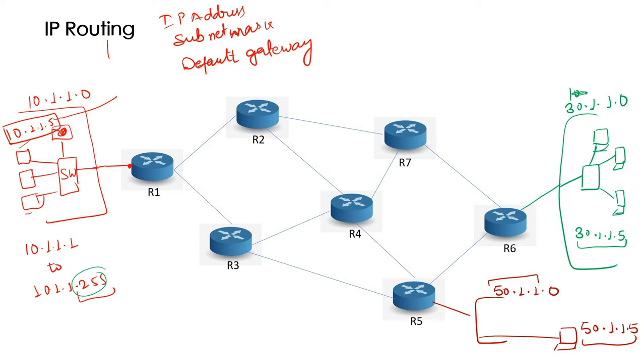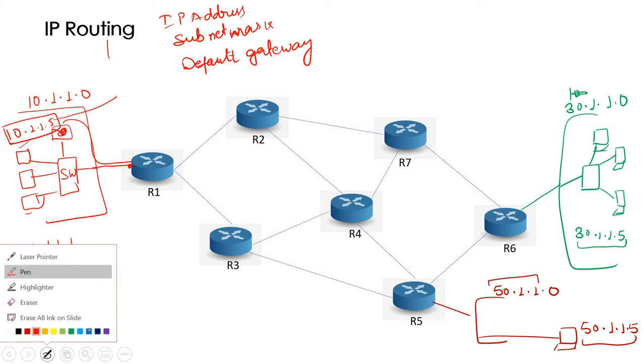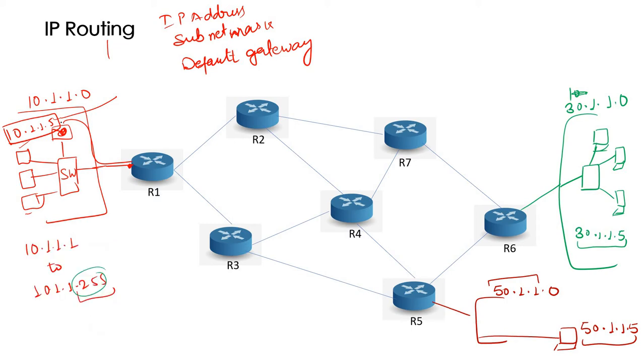This computer checks, and this IP address, or in fact this packet, does not belong to the same network, so this will be forwarded to the default gateway. So it reaches the default gateway. Now our IP packet has reached from here to there, right?